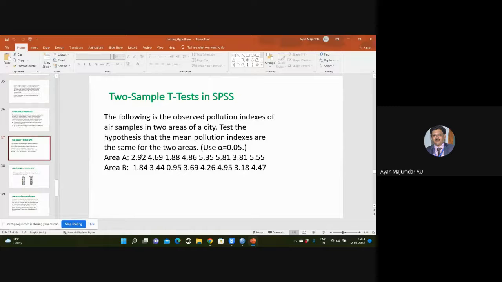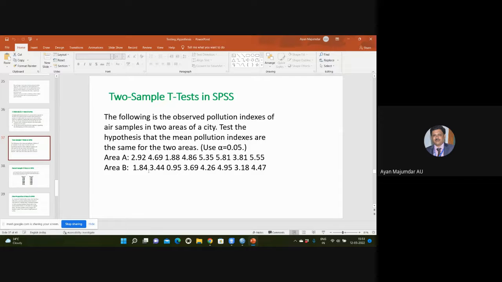Say the pollution index of air samples of two areas in a city is taken. This is area A and this is area B. We need to check whether there is a significant difference in the average pollution index. That means whether the pollution level in both areas of the city has a significant difference or not.